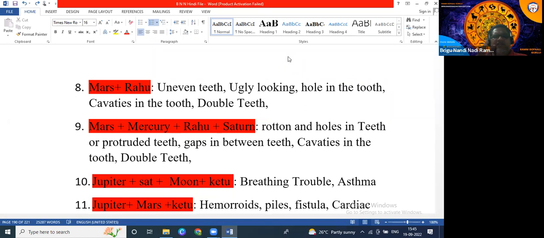Rahu is protruding, so they are forward angled. The front teeth will be at a forward angle. So whenever they laugh, first we will see their teeth. And there are gaps in between the teeth also. So we can see some gaps in the teeth. That is also Rahu. The gap is Rahu. Crack, that is just like a crack.